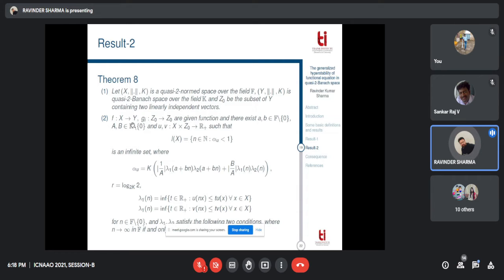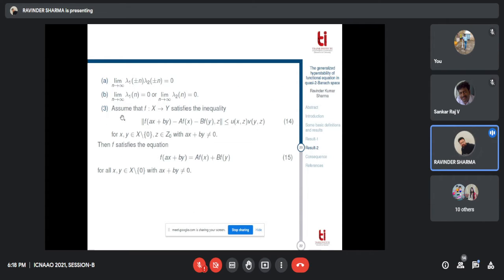And let f from X to Y be a function satisfying these conditions, and assume that f satisfies inequality 14. Then f satisfies the equation this. This is my result of hyperstability.